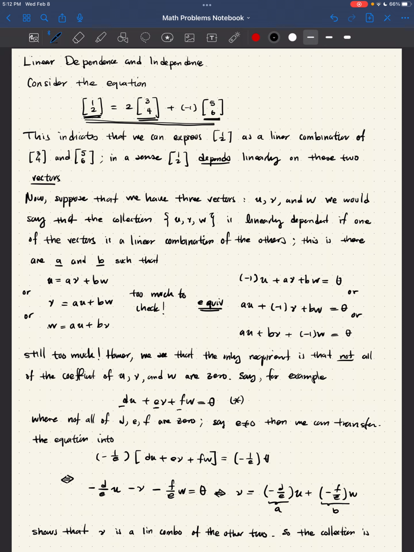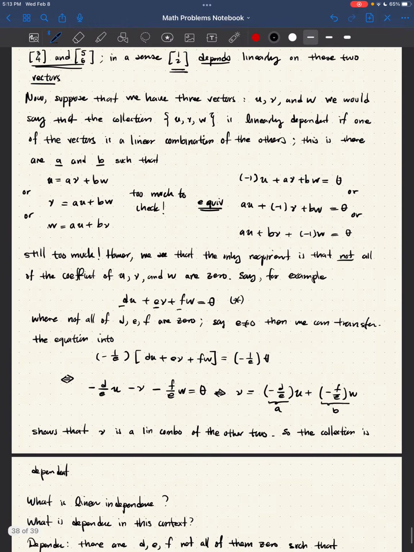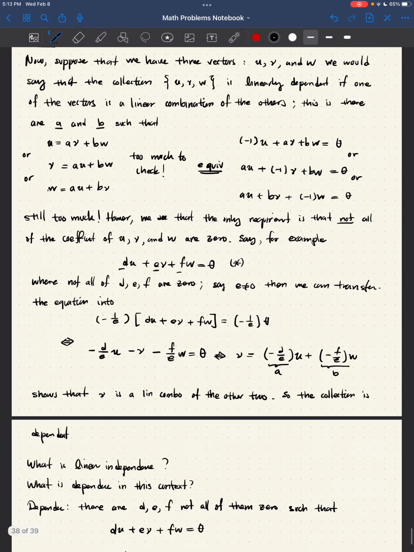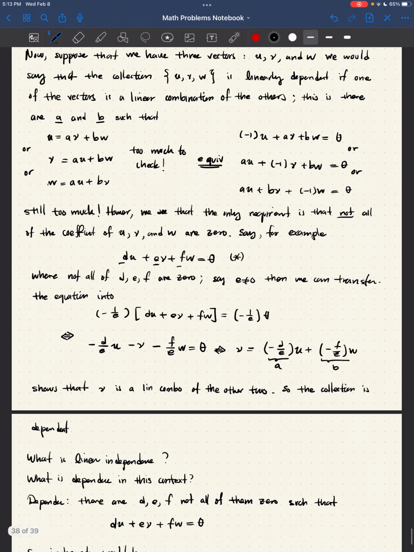Also, we would say that this vector is in the span of these two. Then we expanded this notion to become a little bit more abstract. Then we indicated that dependence is a notion that only tells us whether we can write 0 as a certain linear combination of the vectors involved.